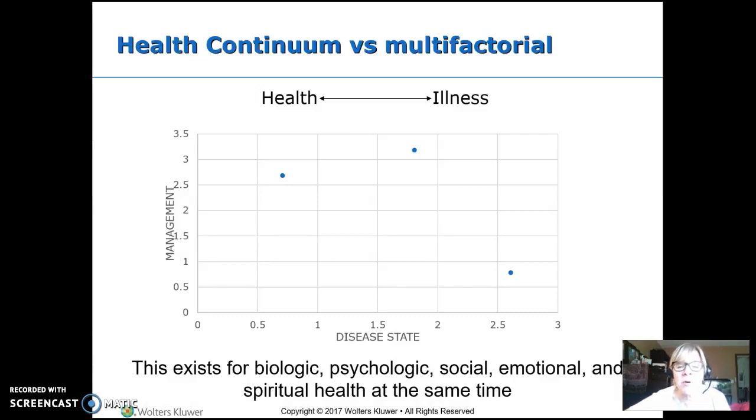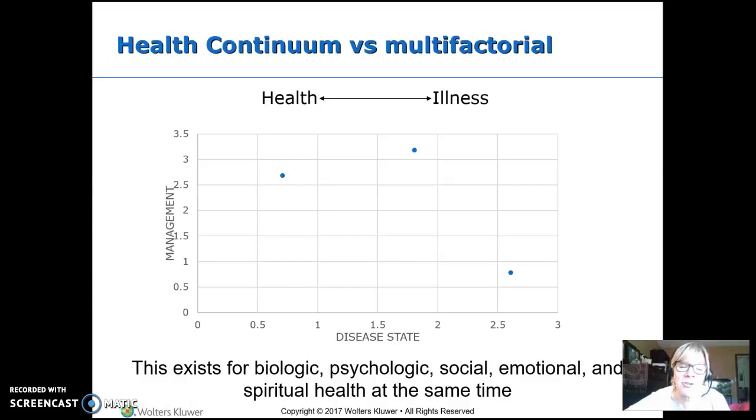And now it's much more of a scatter plot, because you may have something wrong with you, some kind of a disease process, but you're managing it really well. So even though you're high on the disease state, because you're high on the appropriate management, your overall health is good.